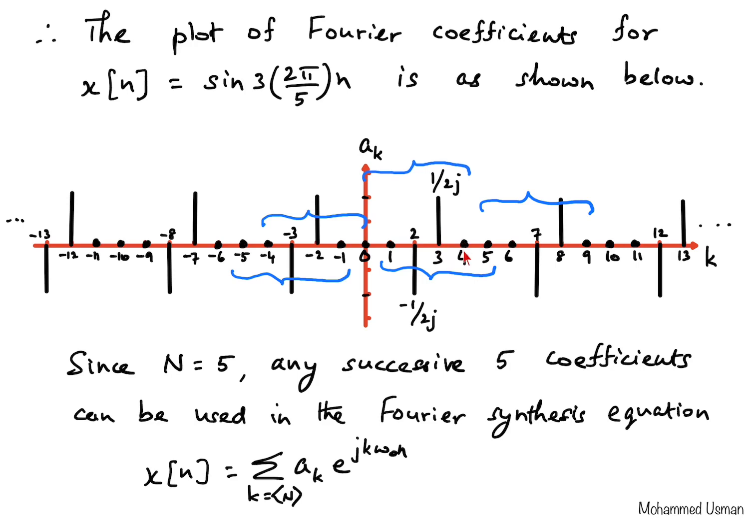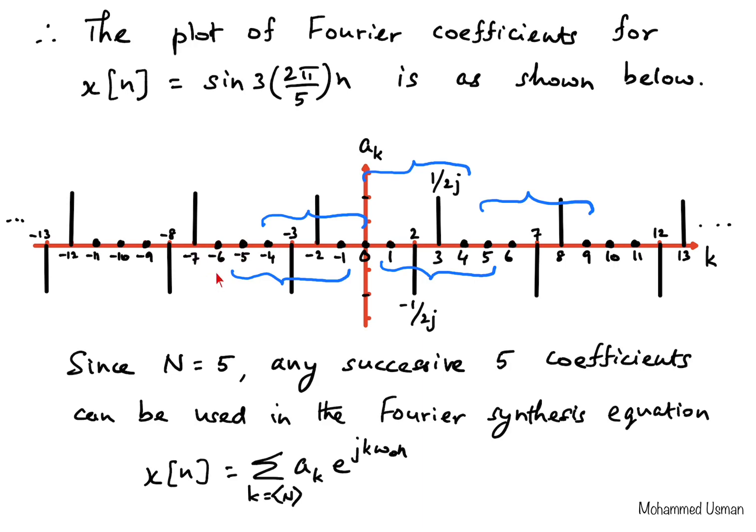Now if we shift from these points by n steps, we'll get the same value. So if a3 is 1 by 2j, 1, 2, 3, 4, 5 steps away is the same 1 by 2j. Similarly, 5 steps to the left, we'll get the same 1 by 2j. And since we have a minus 3 as minus 1 by 2j, shift this by 5, that's 1, 2, 3, 4, 5 to the right, we have the same minus 1 by 2j.